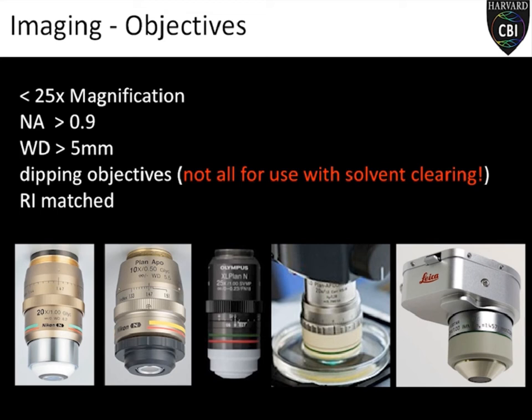Some of them definitely can be, which is great, but not all of them can. And they are all refractive index matched to the different clearing solutions. So some of them can handle a wide variety of clearing solutions with nice little correction collars on the sides of them, and others are designed for a more narrow purpose.